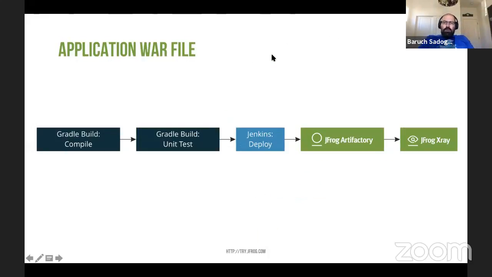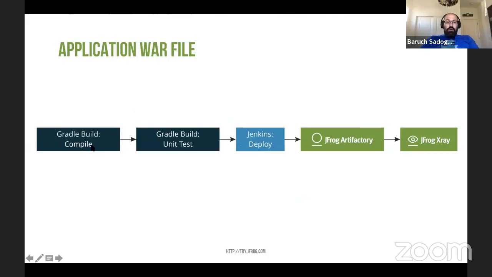And for the jobs that JFrog Xray and Jenkins actually have, we have 5 example jobs pre-configured for you. Today we're going to talk about 3 of them, and that's an entire pipeline of building a Dockerized Java application. It all starts with a basic Java application that builds a WAR file.